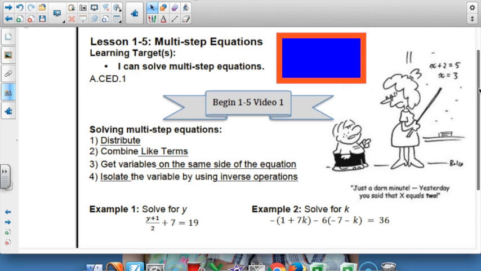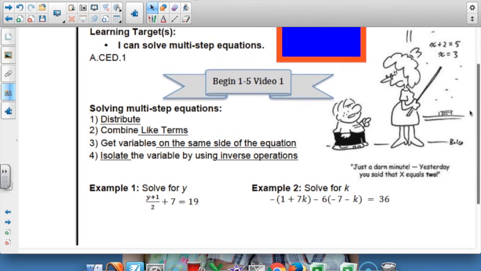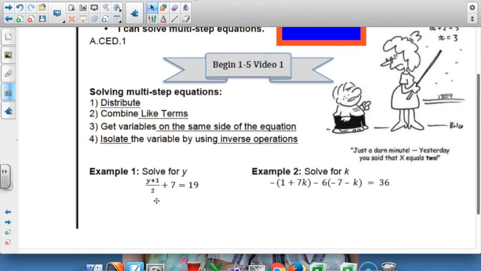So let's look at this very first one. As you're working through these, you're going to be slowly chipping away and moving things away from your variable. Start with things that are farthest away from the variable and move out from there. So there's no distribution to be done here, but I've got this big group that's all together, and the 7's hanging out to the side.